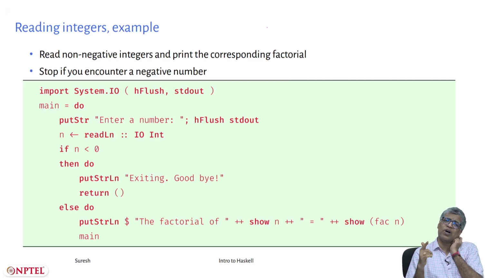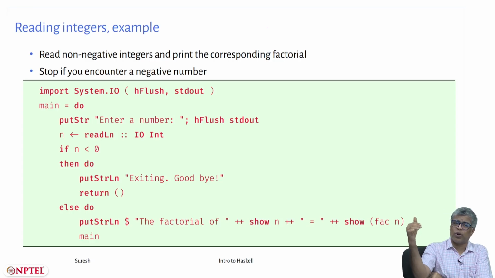So putStrLn works properly, but if you say putStr, it might not always immediately print it, because there is no trigger. It will print it only after the user enters the input corresponding to that readLn. It will wait till that readLn, and then the user presses enter. Remember that whenever the user inputs something, the computer also echoes whatever input the user enters on the keyboard onto the screen.